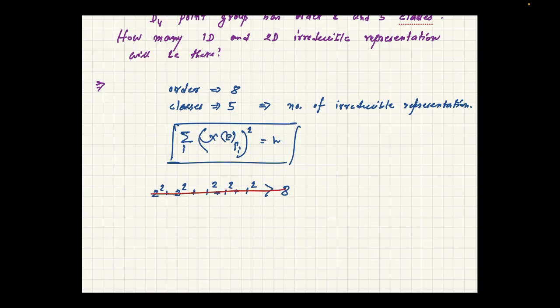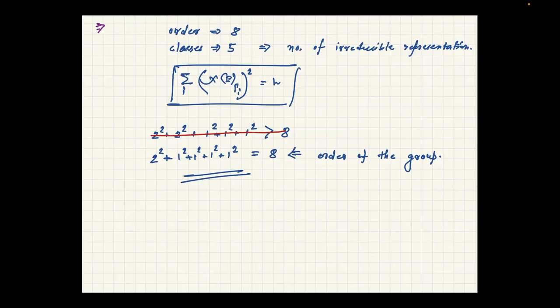Okay, then let's say there is only one two-dimensional representation and 4 one-dimensional representations. So 2 square plus 1 square plus 1 square plus 1 square plus 1 square. This combination will be equal to 8, which is the order of the group. So this condition satisfies the rule.